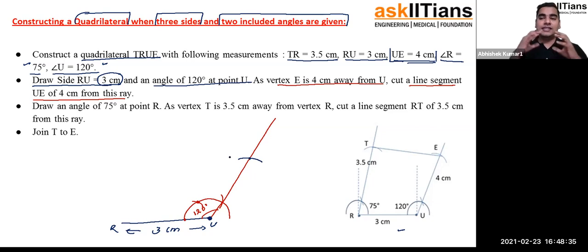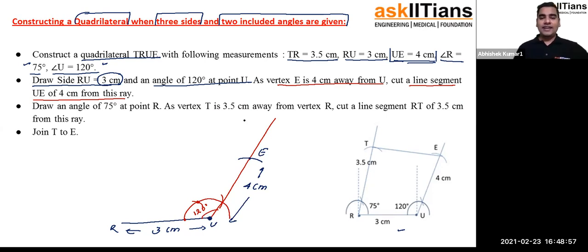Because this is going to give us the length of UE, the name of this point will be E. So that is UE, and UA is equal to 4 centimeter. Clear?